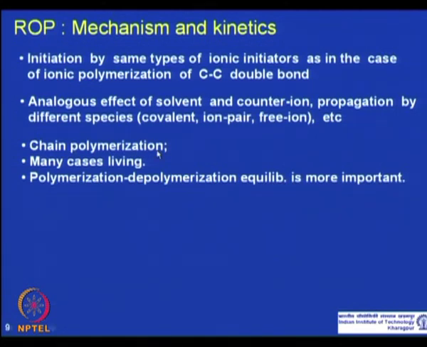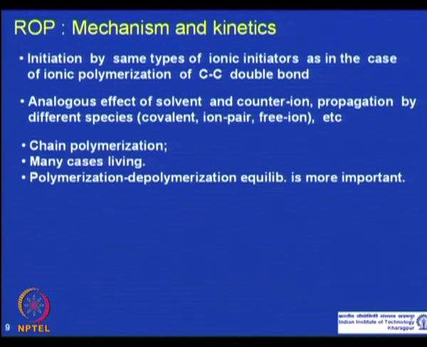Now, this is a chain polymerization. That is interesting because, if you have a lactone, you open it up and make a polyester, or if you have a lactam, you open it up and make a polyamide.